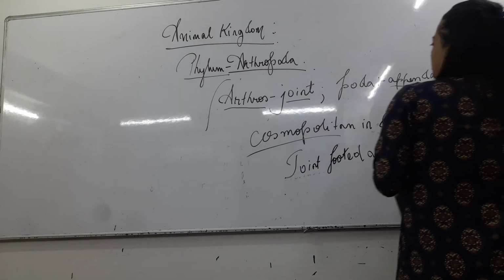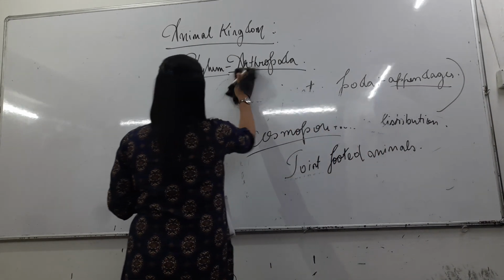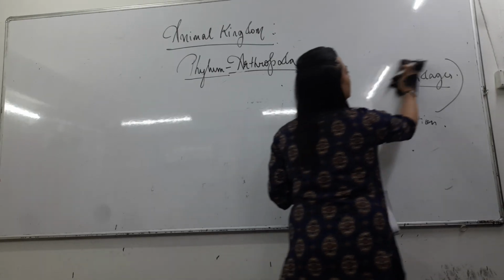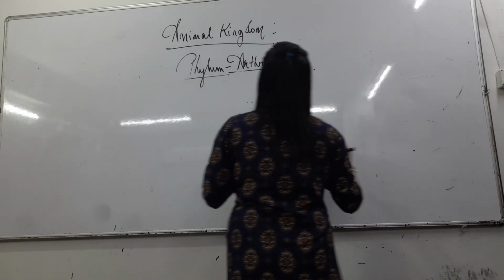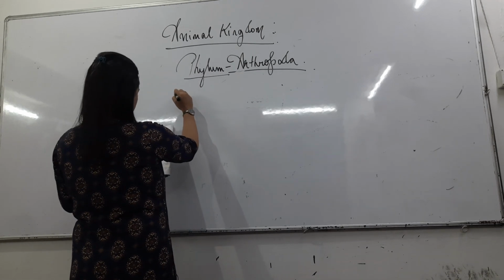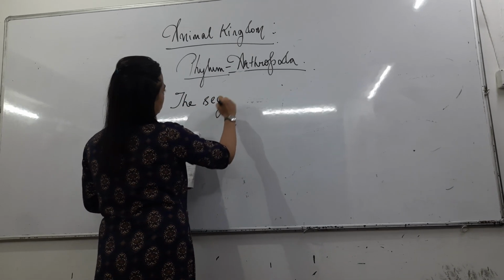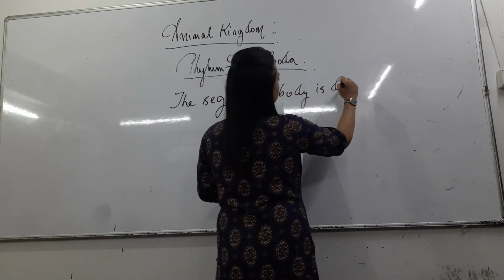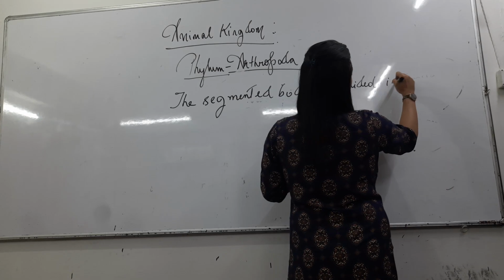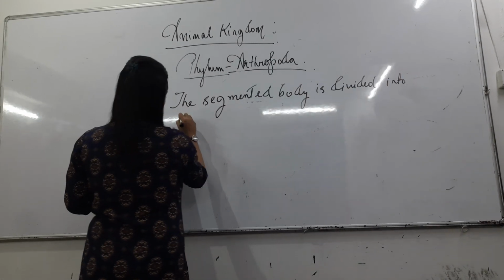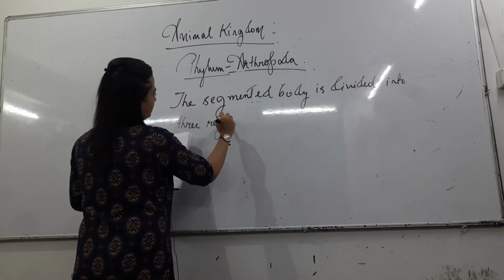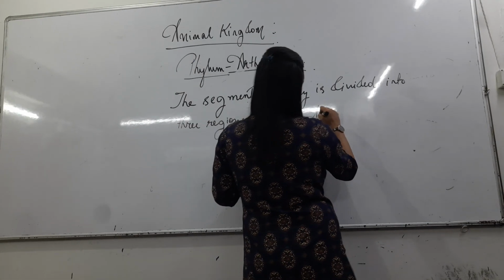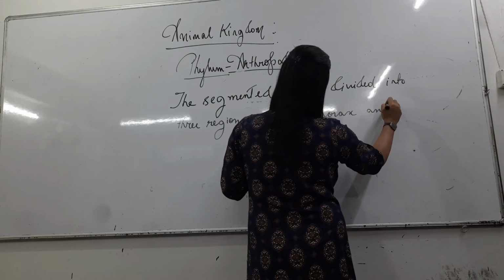Now, when you say that they are segmented animals, their segments are divided into 3 parts. I'll write it down and I'll explain. They have a segmented body, so the segmented body is divided into 3 regions: head, thorax and abdomen.